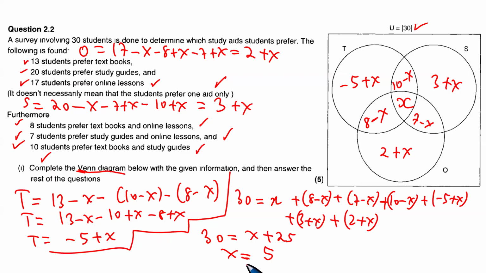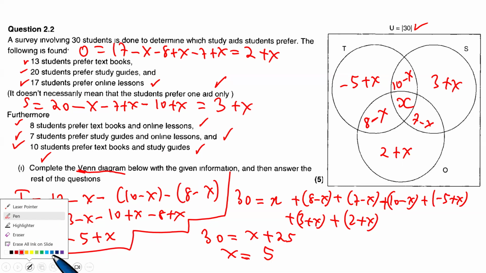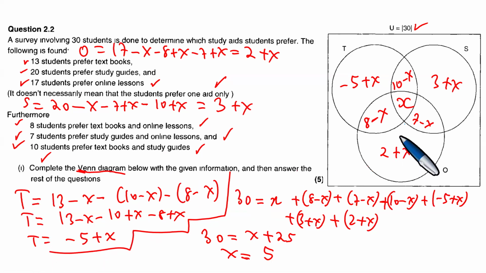Now we can see that x equals 5. So you can come to the Venn diagram and include the accurate numbers. We put 5 here in the center, and then 5 minus 5 is 0 here.